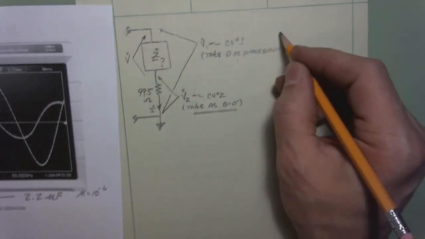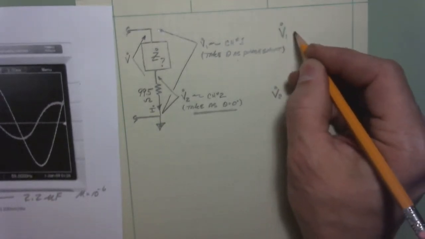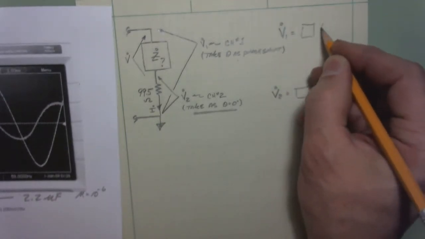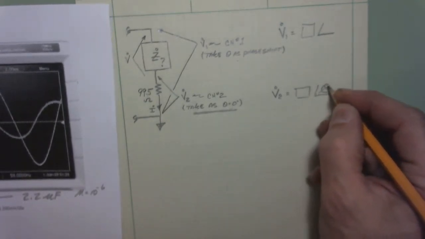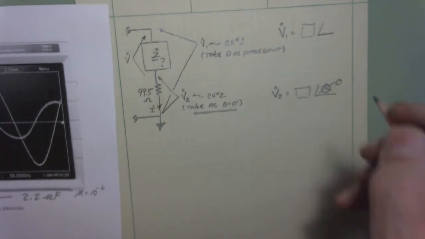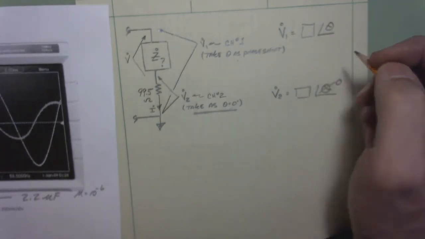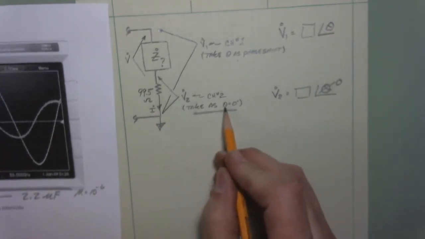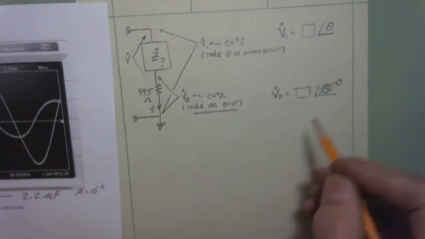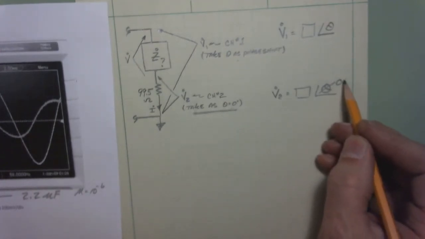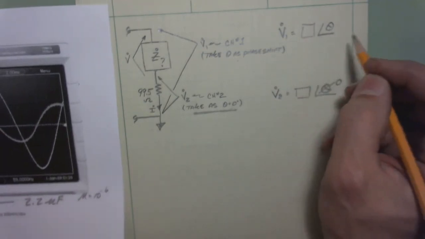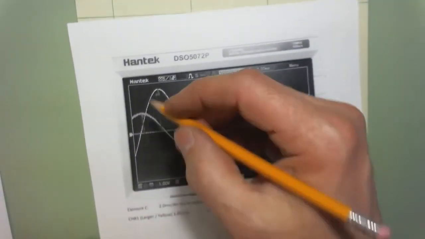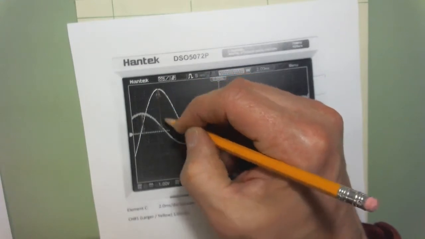And then this one here, V1, is going to be some amplitude at whatever angle; I'll make this 0, and I'll leave this at theta. So I've taken V2 as a 0 angle. This one I'll have to calculate, and I need to get the amplitude there for V1. So that's right there, isn't it?